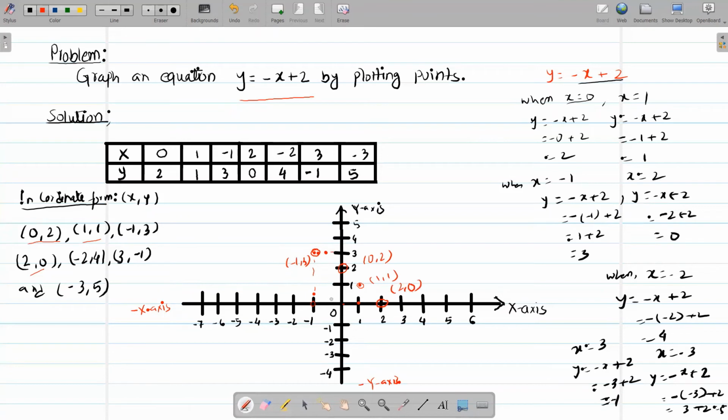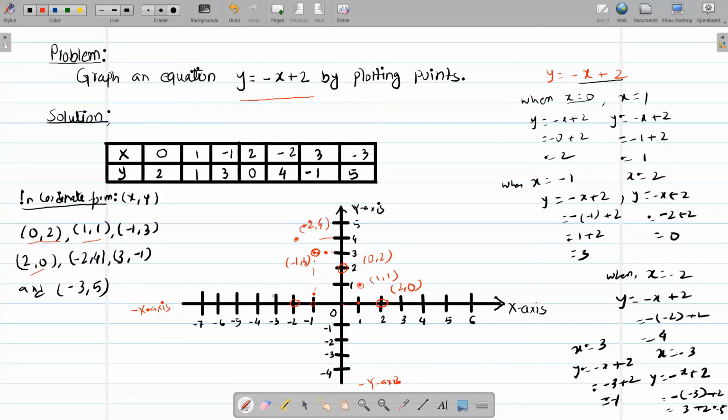Same way we can plot negative 2 and 4. Negative 2 means the negative axis, negative 2 here, and 4 is positive 4. So 4 is here. So this is negative 2 and 4, right?